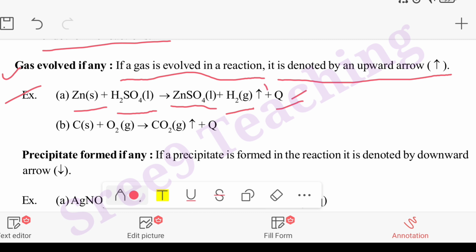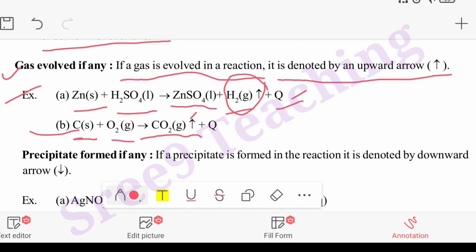But concentrate here, the arrow mark is written upward. It means it is a gas. Now which gas? H2 gas. This is the first example. Now concentrate on the second example: C, carbon solid, plus O2 gas. Carbon is burnt in the presence of oxygen and carbon dioxide is liberated.